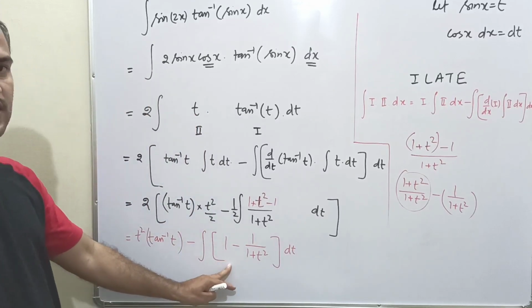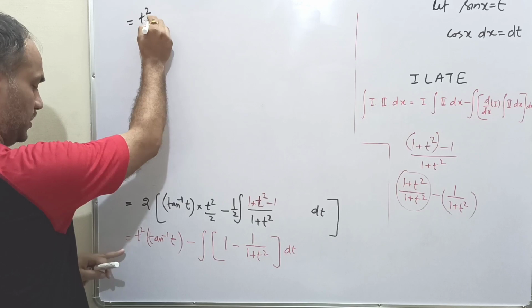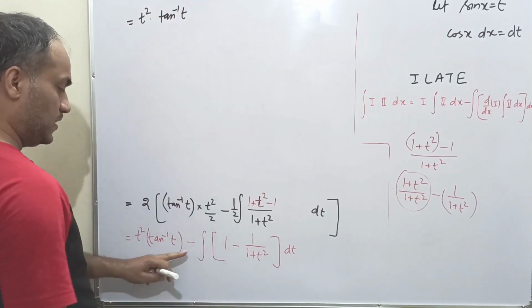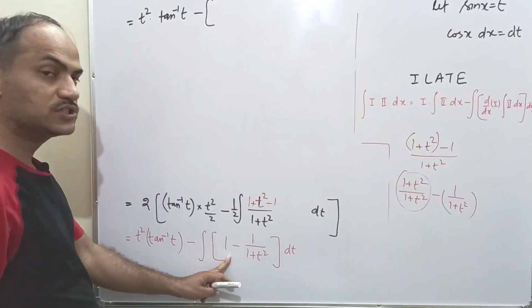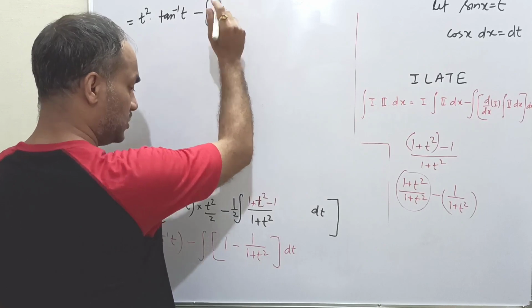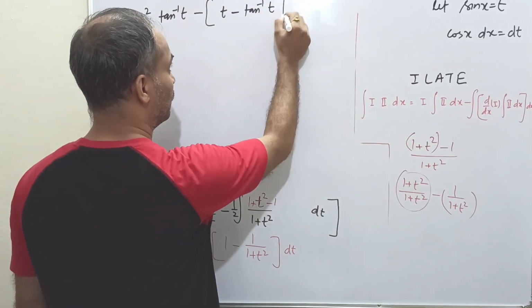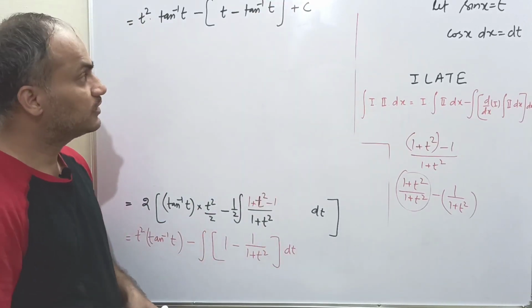Now guys, this is very easy. You know the value of this. We get t square into tan inverse t, and minus, what does this integral give? Integration of 1 is just t, and this is tan inverse t, plus some constant c. Now the only thing left is to put the value of the variable t.